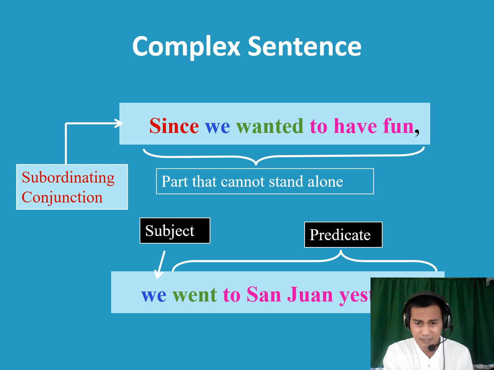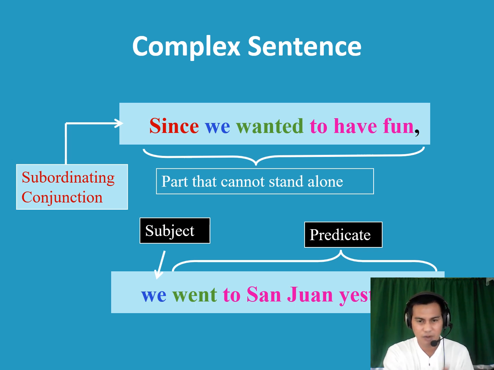Would you know the meaning? Is the meaning complete? Since we wanted to have fun, it's just a fragment. It cannot stand on its own. What happened? Nothing. Because we wanted to have fun, then what did you do? Where did you go? So that part cannot stand on its own. The meaning is not complete.